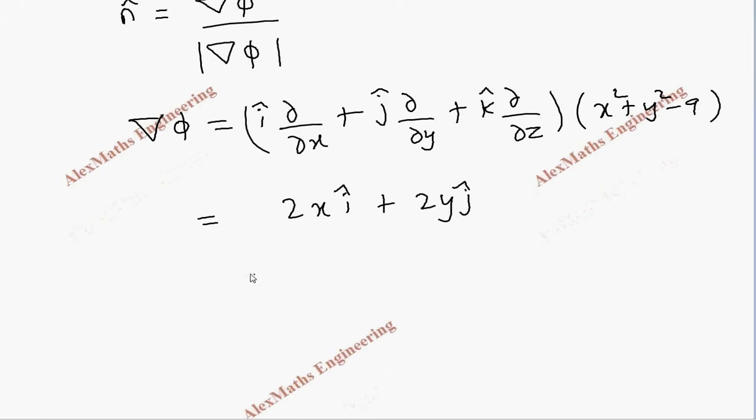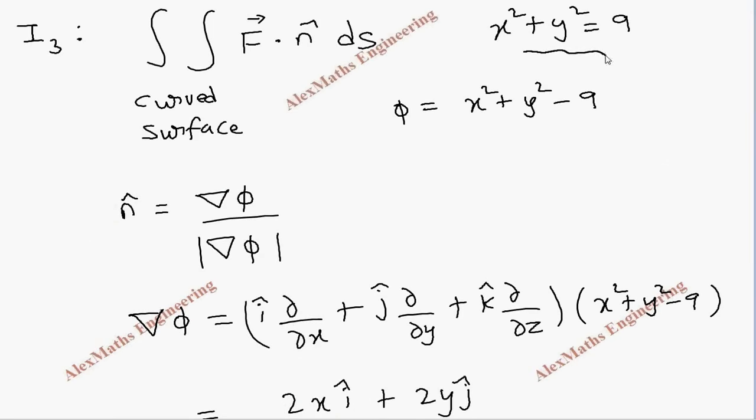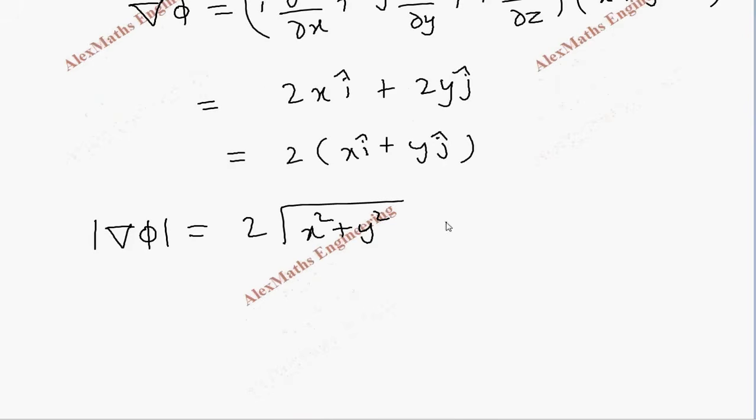Now from this we can take 2 common, so x i cap plus y j cap, and the magnitude of this will be 2 root of x square plus y square. But from the given circle equation x square plus y square is 9, so we can substitute that. So 2 root 9, which is 2 into 3, which is 6.